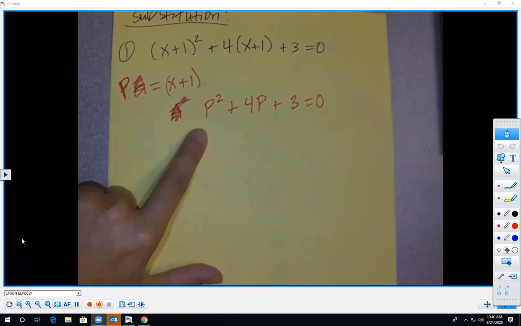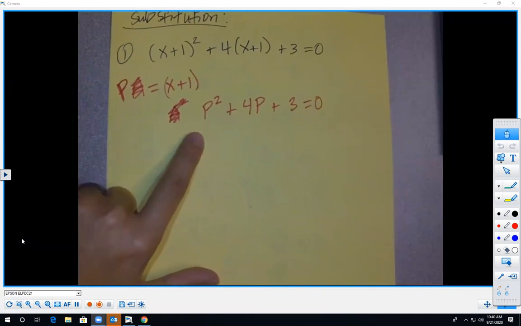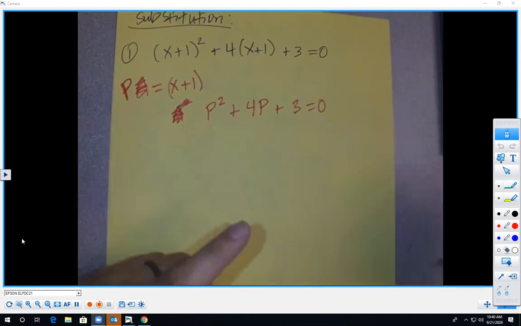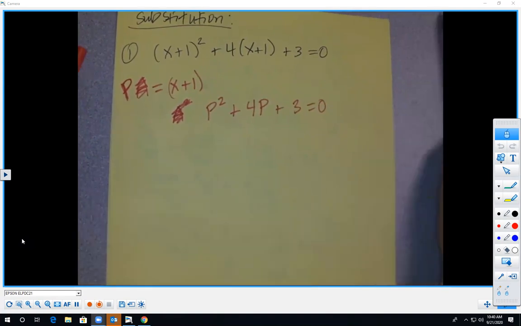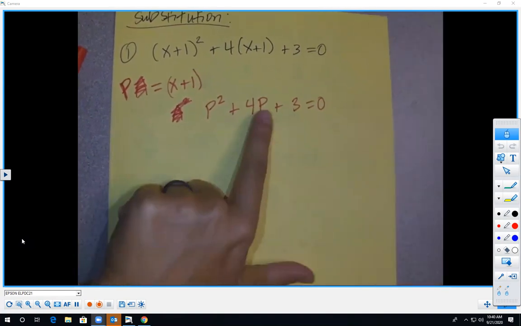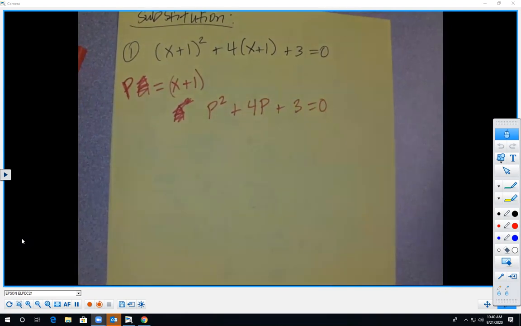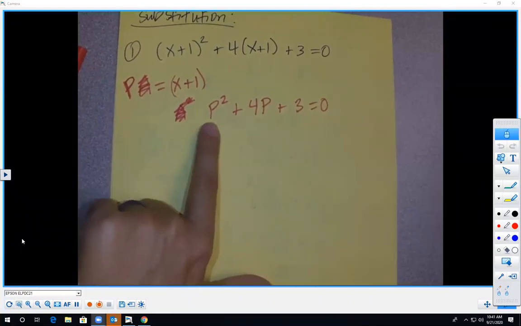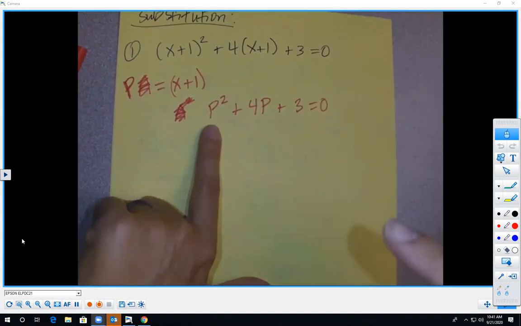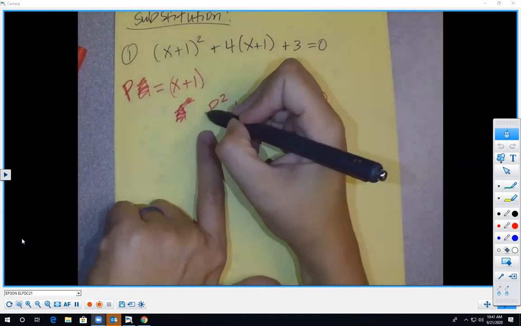Doesn't that look like a regular old quadratic? Yeah. So I can solve this factoring, quadratic formula, completing the square. I cannot use square roots here because I have the B value right there, right? How do you want to solve it? Yeah, factoring is the easiest way to solve this, because this is the reason why I didn't use the A. What's my A value here? The number in front of P squared, right?